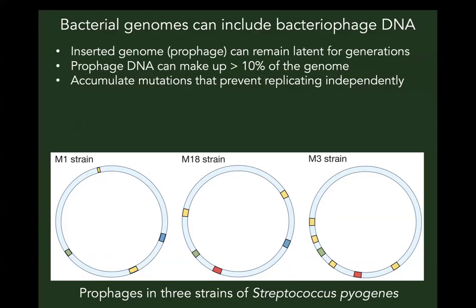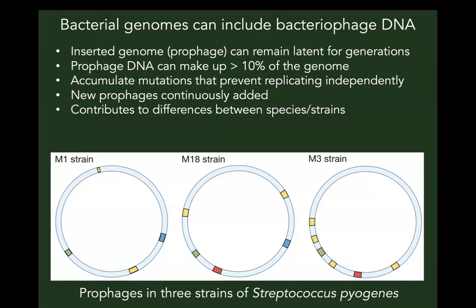Sometimes that prophage DNA can acquire mutations. And if the prophage DNA gets a mutation in it, then it doesn't work as a prophage anymore. The virus can't replicate using that little bit of DNA. And so you keep getting more prophages being added, and some of them are just disabled accidentally by mutations.